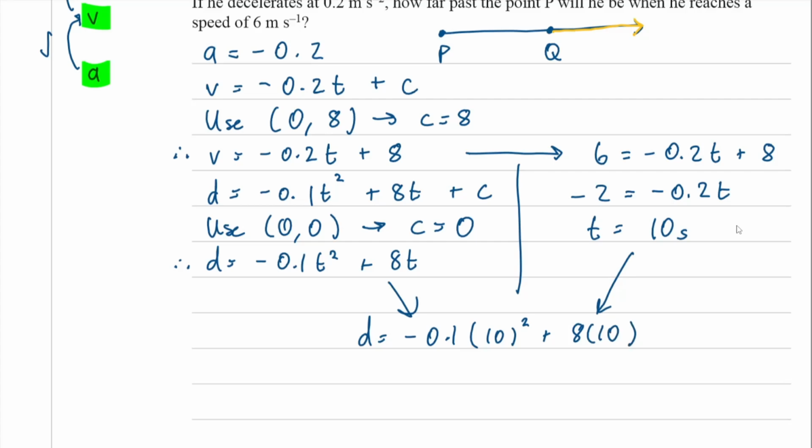What's that? 100 times a negative 10th gives negative 10, plus 80 gives 70 meters. So this section right here is 70 meters, but we already worked out in the first section 32.5 meters.